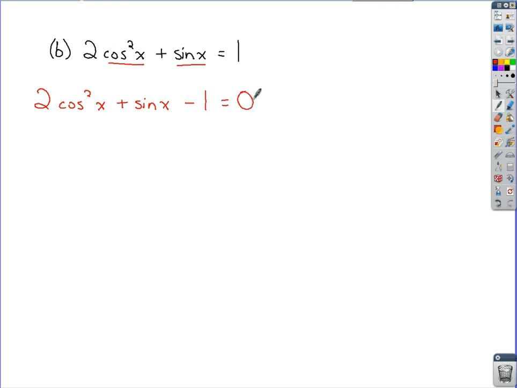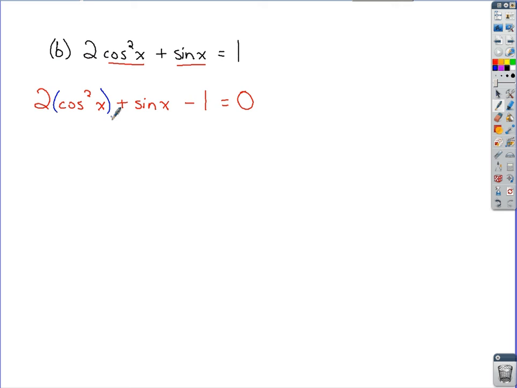If you look at what we have now, it kind of takes on this quadratic looking form, but we really can't use the quadratic kind of form here to factor because we've got different trig functions. So whenever you have different trig functions, try to create a scenario where you just have one function to work with. Notice this cosine squared of x here. If I'm trying to change everything over in terms of one function, maybe I could use an identity.